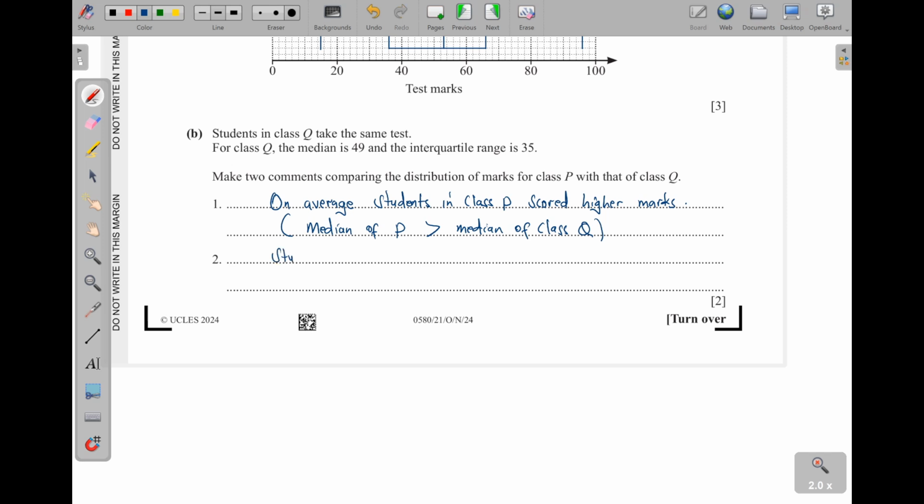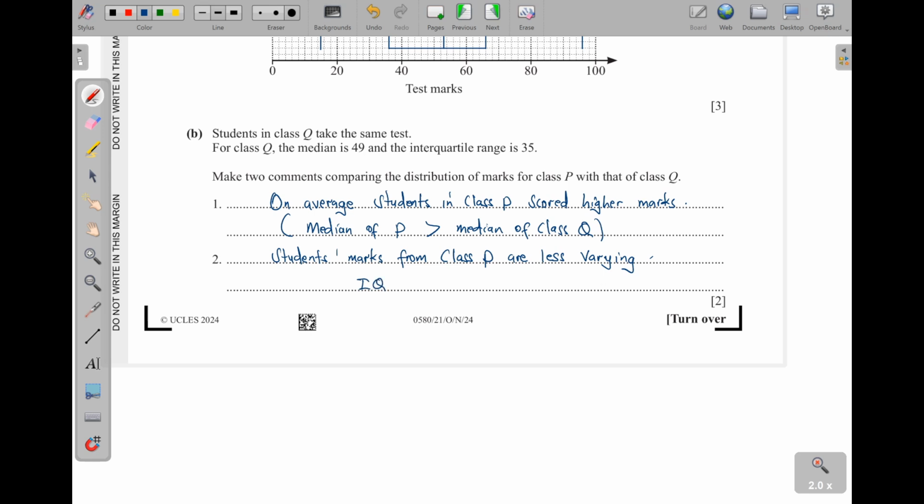So I can say students' marks from class P are less varied, or less spread, like that.